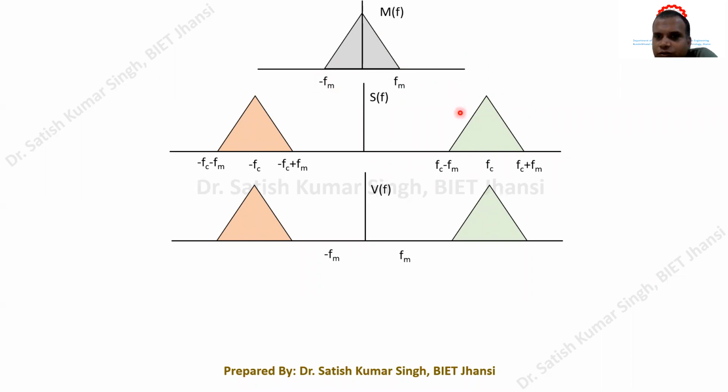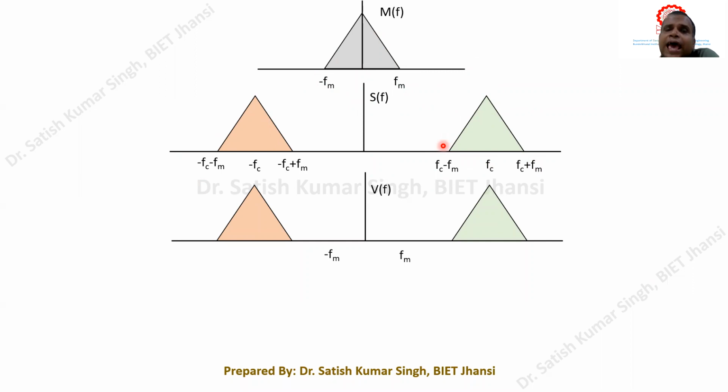That is the spectrum of our DSBSC signal. Now at the demodulator end, in the case of synchronous demodulation, we multiply by the same carrier again.